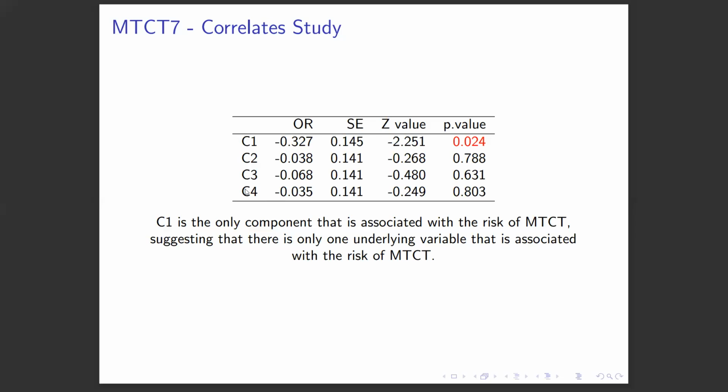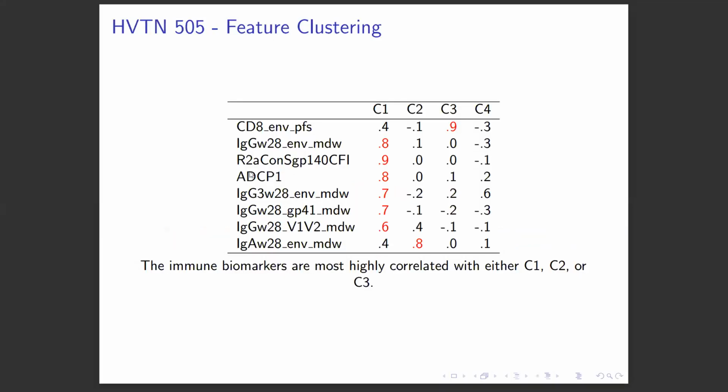So if we take the top 4 nonlinear components and do regression with the transmission outcome, we see that only the first component is correlated with the transmission risk, meaning that if the pregnant mother has a higher value in the C1, the risk of the transmission is reduced. The other 3 here are not correlated. They are not explaining that.